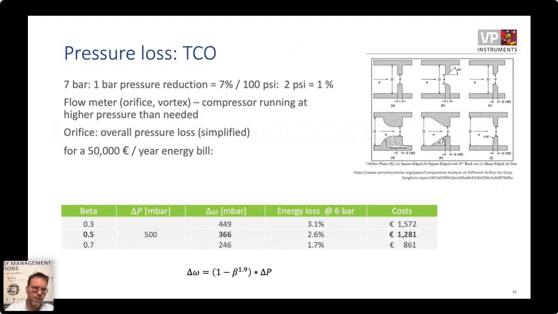Now, if you take a flow meter, for example an orifice meter, or also a vortex meter, which often needs a narrowed pipe to increase the speed, that would result in your compressor running at a higher pressure than needed, because your factory still wants, whatever, 6 bars, 6.5, so your compressor will then run at a higher pressure than the desired pressure.